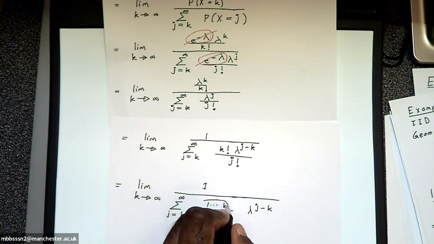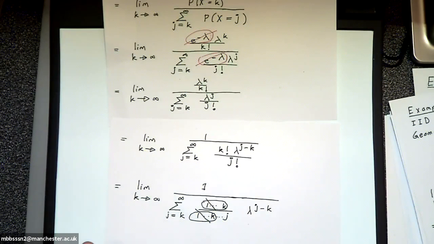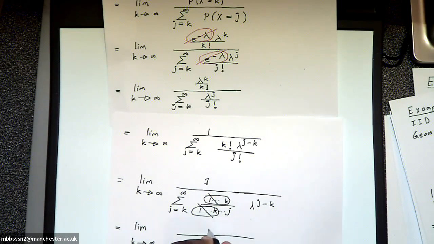So all these numbers will cancel out with all these numbers, and you will get this to be equal to something like this.